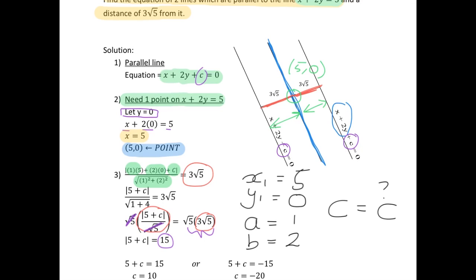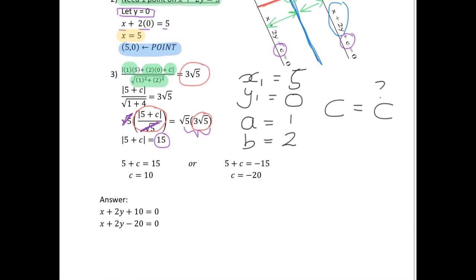But of course, we have our modulus sign, and whenever we have a mod sign, that basically means if we have, for example, mod x is equal to 3, that basically means that x is equal to 3 or x is equal to minus 3.